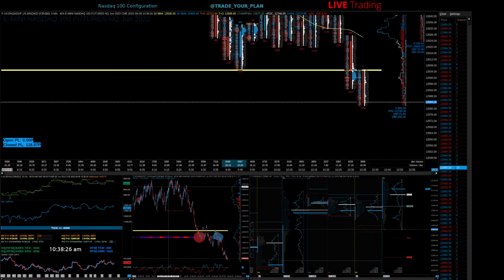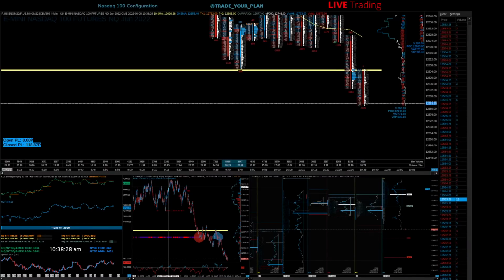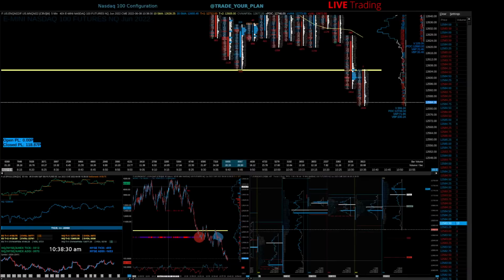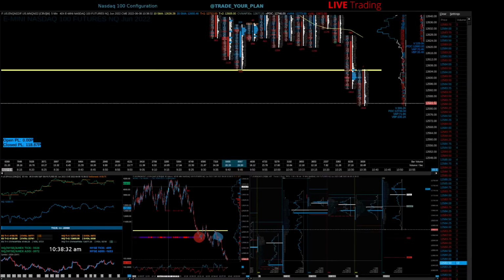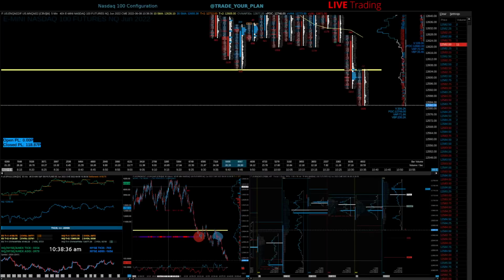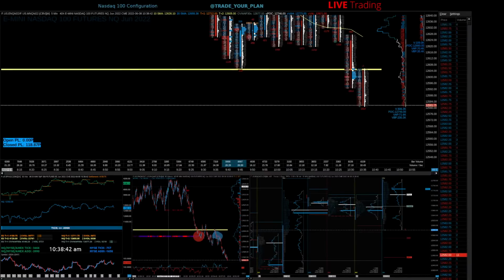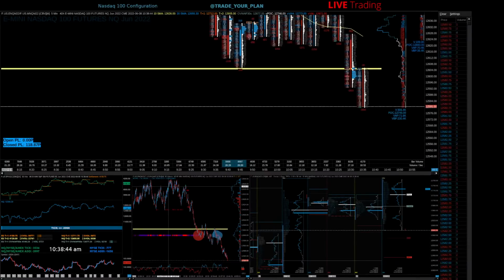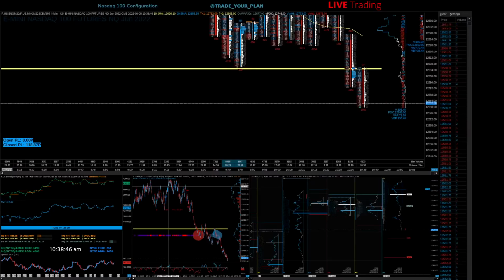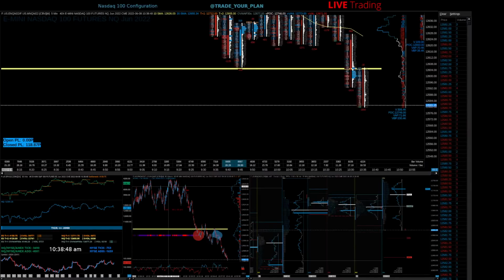Long 2 micro. Oh, you guys don't see the micros. Long 2 micros. Anyway, whatever. And I may use the micros. I want to get in before the stop run. Willing to lose on these micros. It's a positional play.